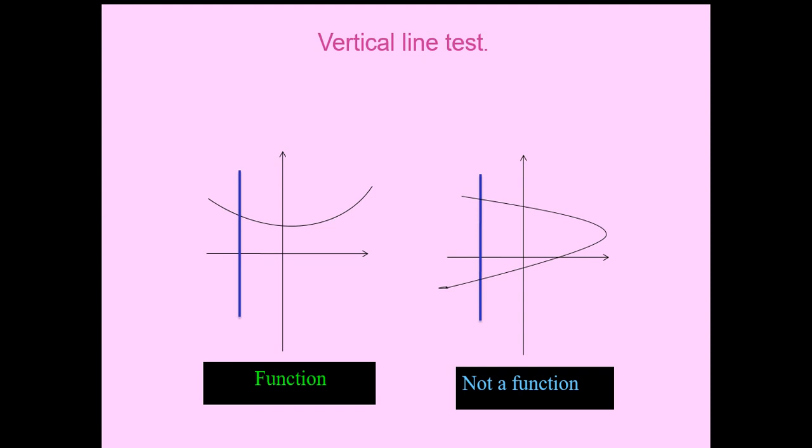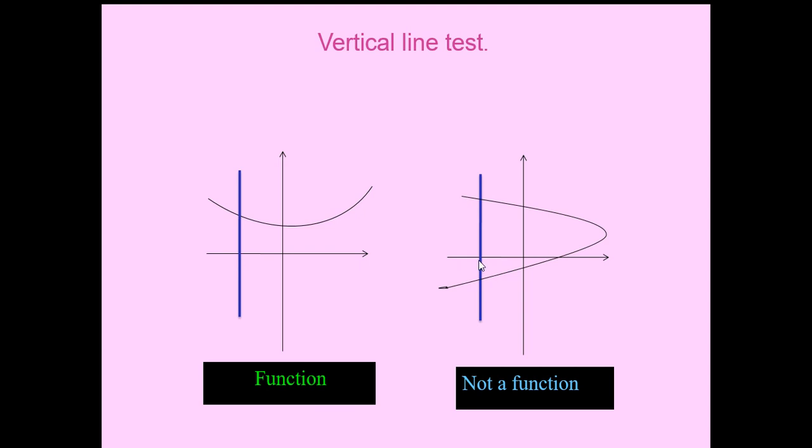Now how are we gonna check if it's a function by graphing? It's very simple. We need to do the vertical line test. If the vertical line cuts the graph in exactly one point, it means it's a function. Why? If it cuts in one point, it means this x had exactly one y.